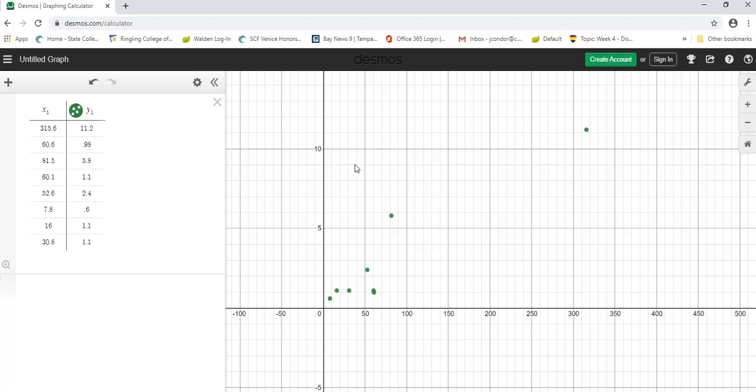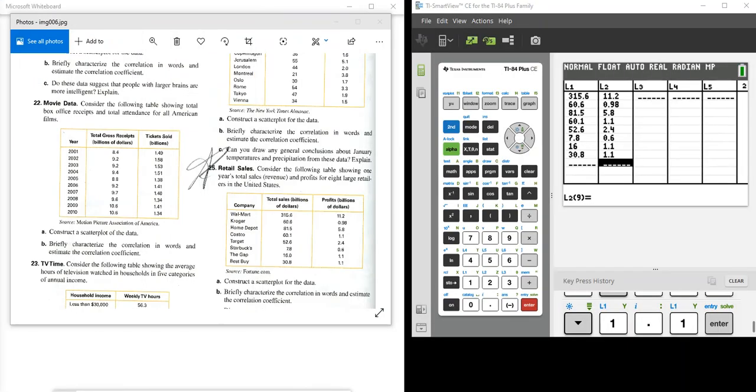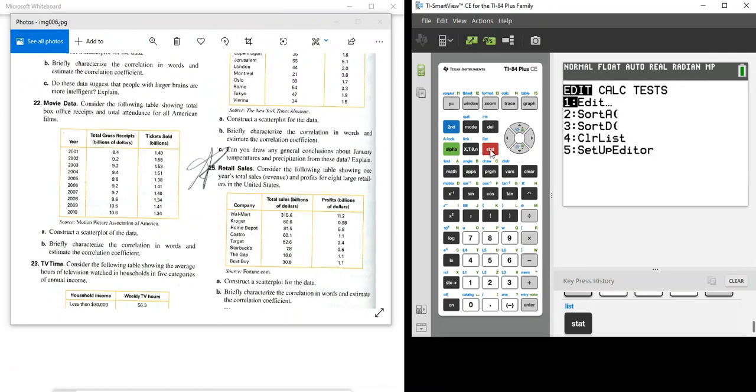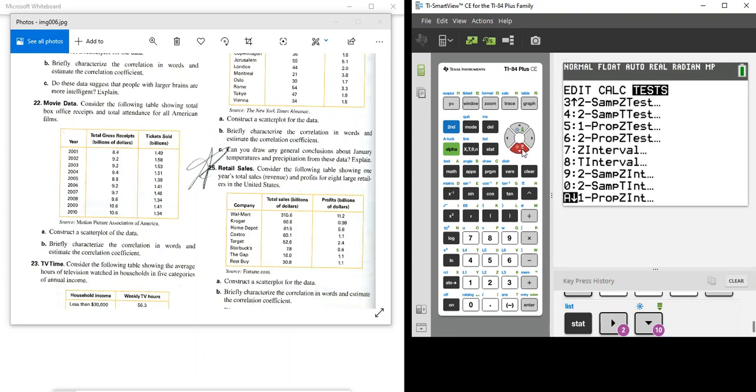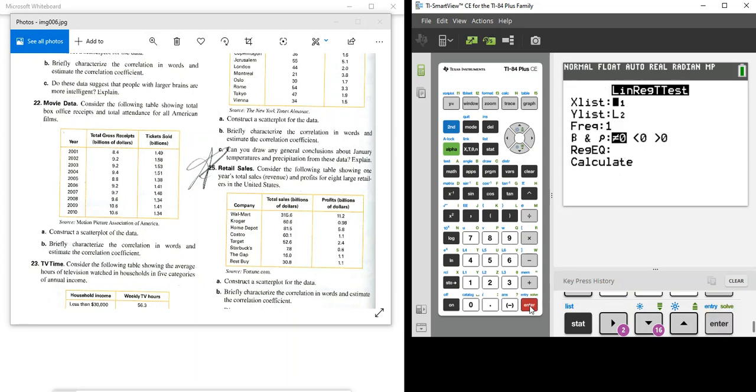All right, so how do we get that? Well, we're going to use the calculator to do that, and that's why we put the data in here. We just go to STAT, then TESTS, and we're going to go way down there to the linear regression t-test, and hit enter.